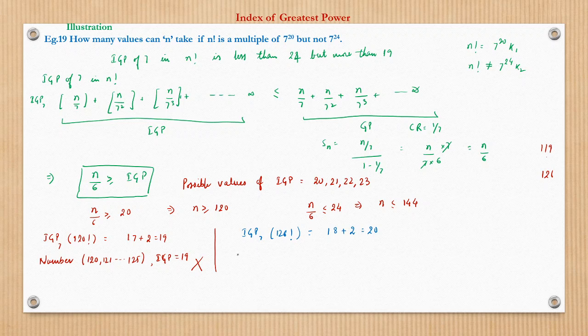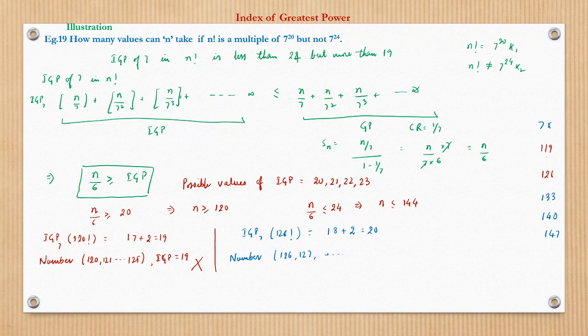So numbers which are 126, 127, so on, and what is the next multiple? This is nothing but 7x. So 119, 126, then 133, 140, 147, right?